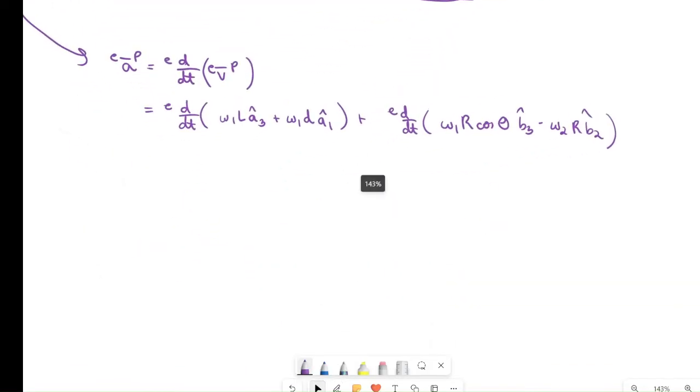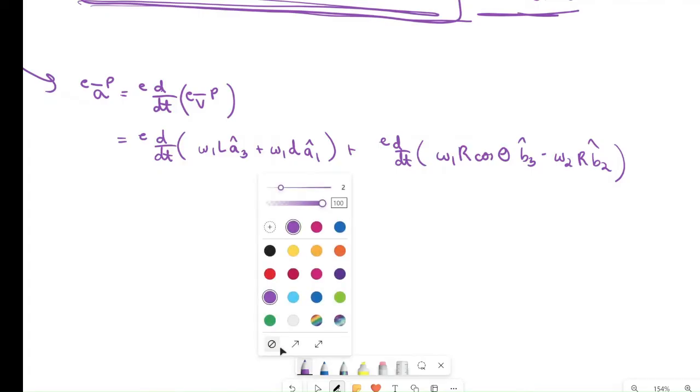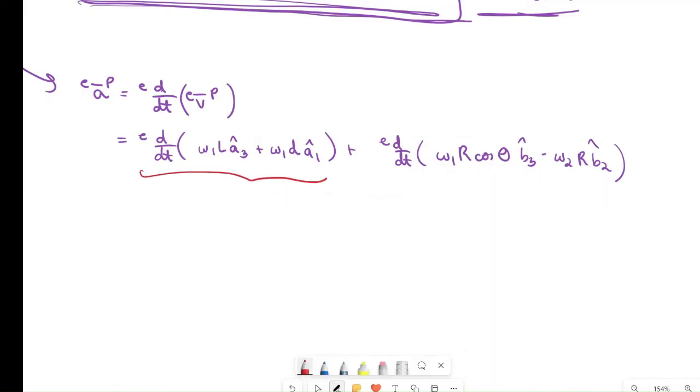Okay, so this is our expression for the acceleration. We just do what we've always been doing, and we start going crazy with derivatives. So I'm again going to split this up into the first term and the second term. So term 1, term 2.